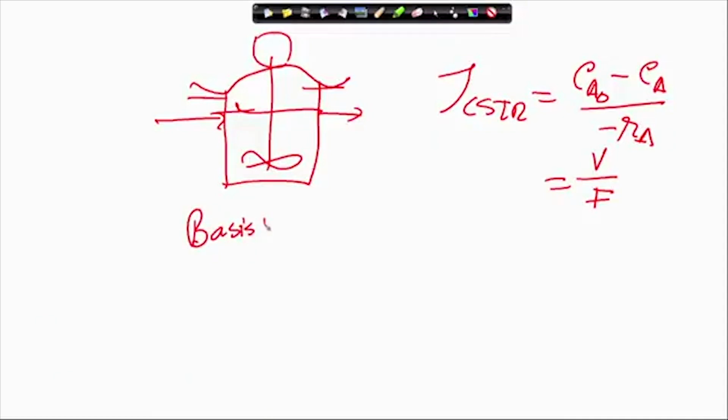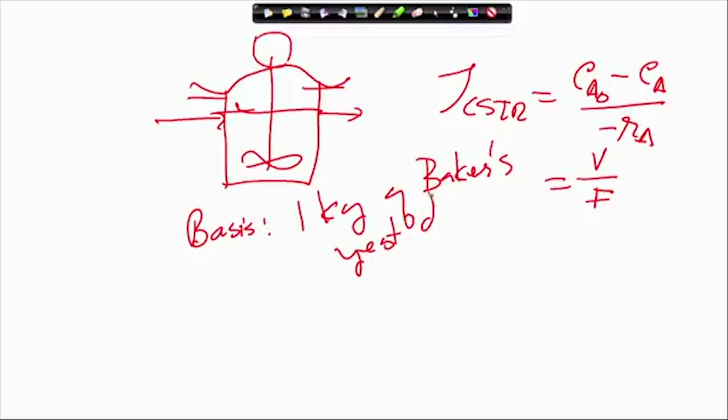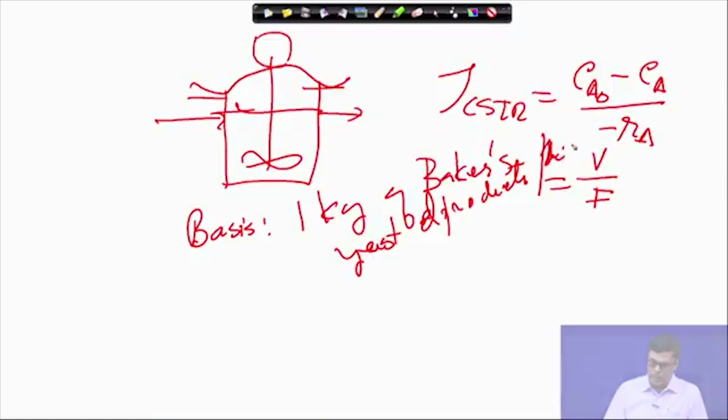Now, suppose one industry produces, let us assume a basis. What is basis? Basis is, let us say, 1 kg of Baker's yeast production per day, or per hour, whatever you have. Now, if we assume that, then first we shall have to find out the stoichiometry.